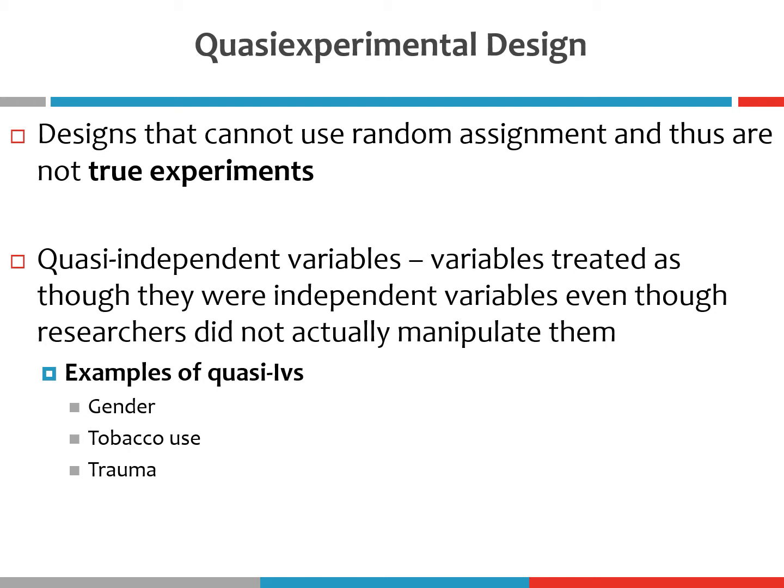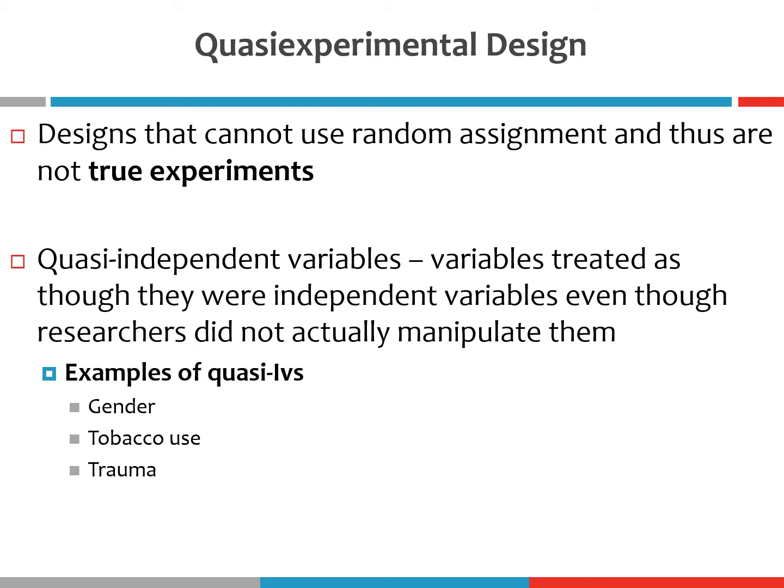So a quasi-experiment is simply a research design that does not use random assignment, okay? And is therefore not a true experiment, right? Because a true experiment always utilizes random assignment, okay? So in the case of quasi-experimental designs, everything else is pretty much identical to an experiment, right?